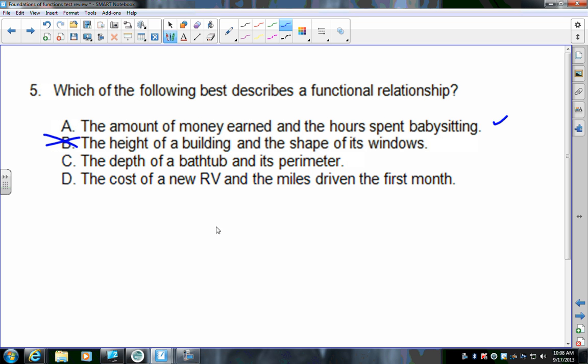They don't go together. The depth of a bathtub and the perimeter. They don't go together because perimeter is all the way around. Depth is how deep it is. The cost of a new RV and the miles driven in the first month. That has nothing to do with each other. The only one that goes together is letter A.